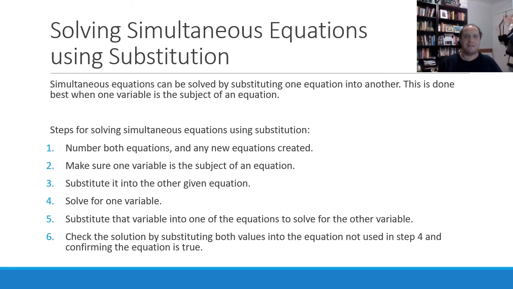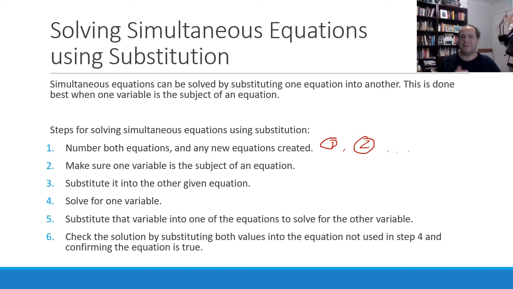The steps for solving simultaneous equations: number both equations and any new ones that are created. So for example, the first equation will be labeled number 1, the next one will be number 2, etc. You don't need the circles around them, just numbering your equations as you go through helps with your communication and helps with your reasoning. Make sure one variable is the subject of an equation.